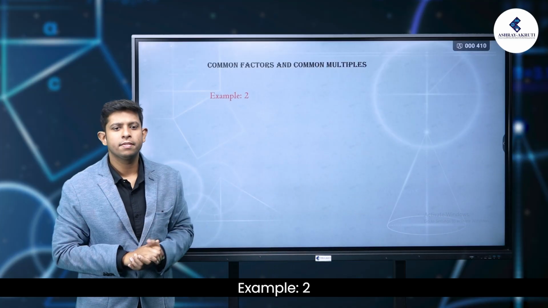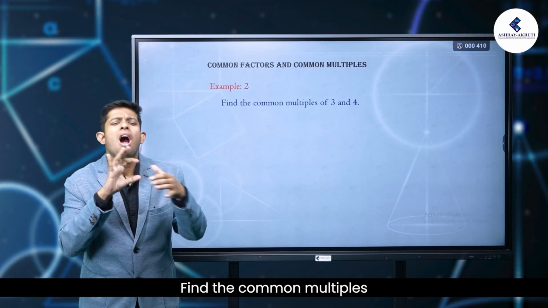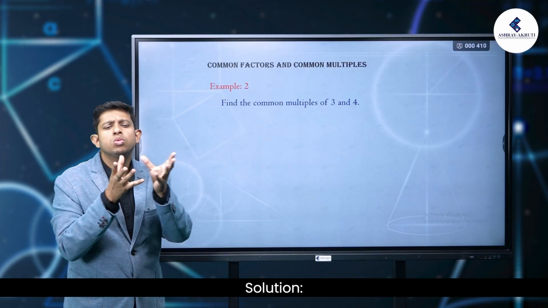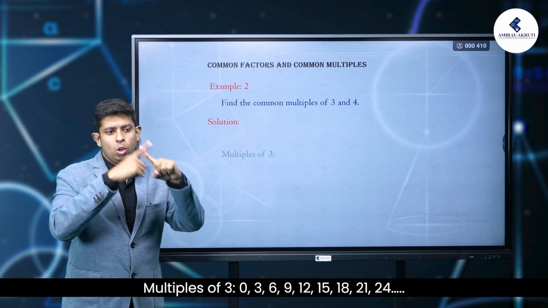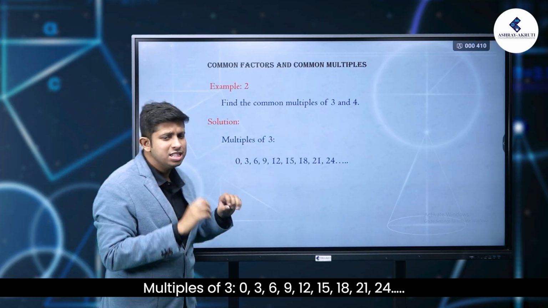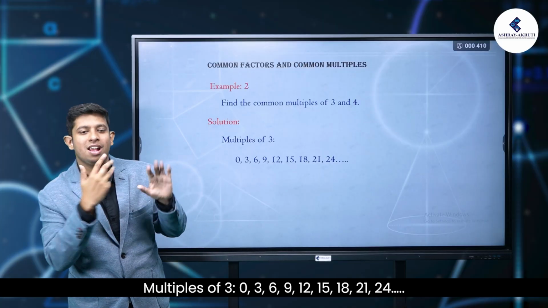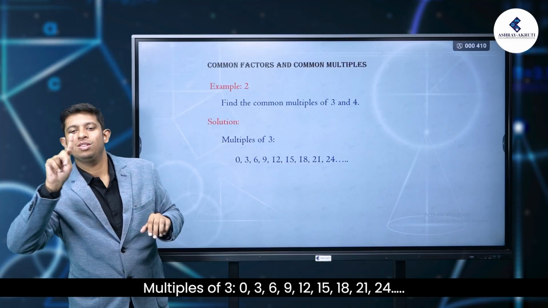Example 2. Find the common multiples of 3 and 4. Solution. Multiples of 3: 0, 3, 6, 9, 12, 15, 18, 21 and 24.